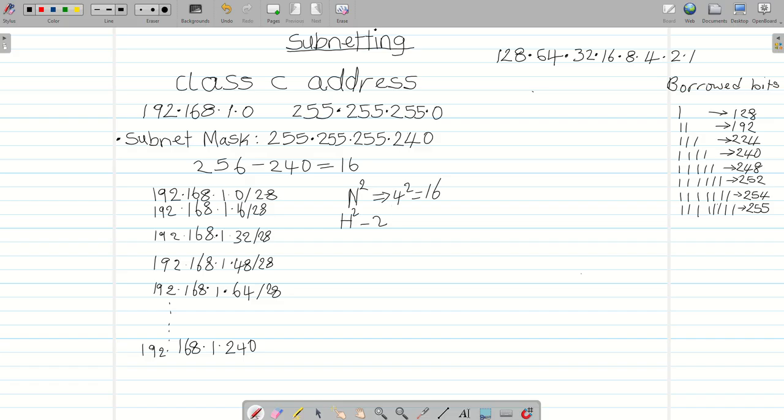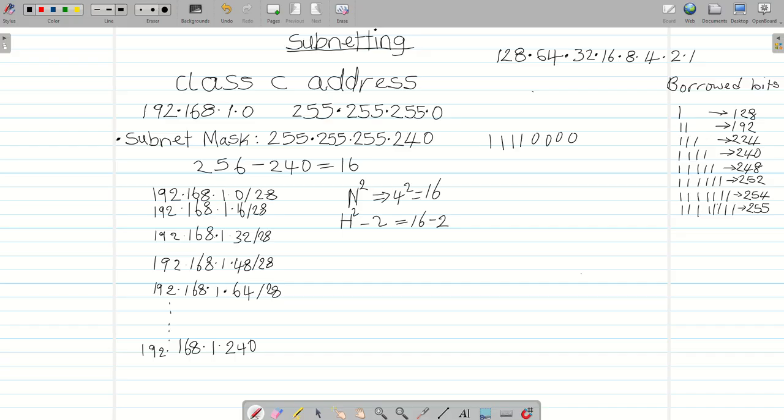2 to the power of host bits, minus 2. So if we are working with the last octet, which is the interesting octet, it will mean that we have 1 2 3 4 0 0 0 0, right? Don't mind my writing there. So now it means that we have 4 host bits left, so 2 to the power of 4, which is equal to 16 minus 2.